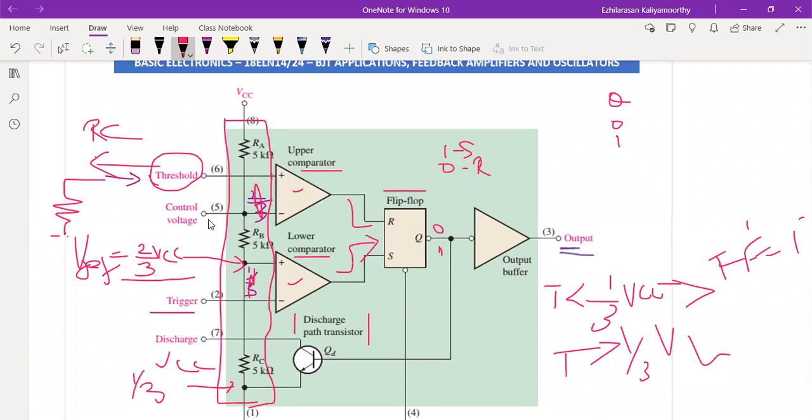You might remember we already studied the comparator circuit operation. If the external capacitor voltage exceeds 2 by 3, your reference voltage, meaning threshold is greater than reference voltage, then comparator output is 0. If it is less, comparator output is high. This is what we meant to say.